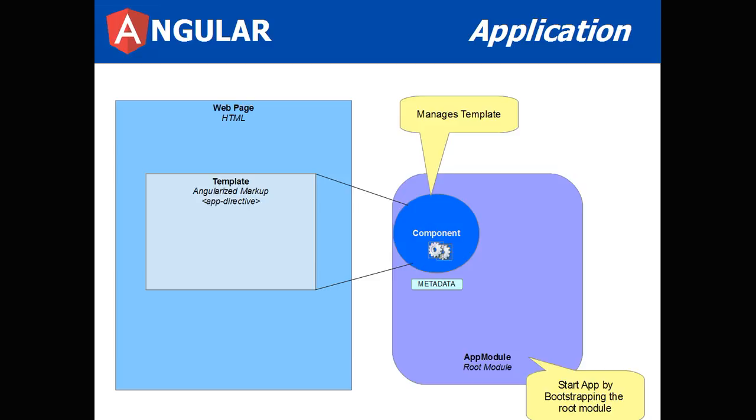Let's move on. What is an application? Very simple application. It's a web page, and you introduce an app module using a custom app directive which defines a component template that's going to be rendered in the page.